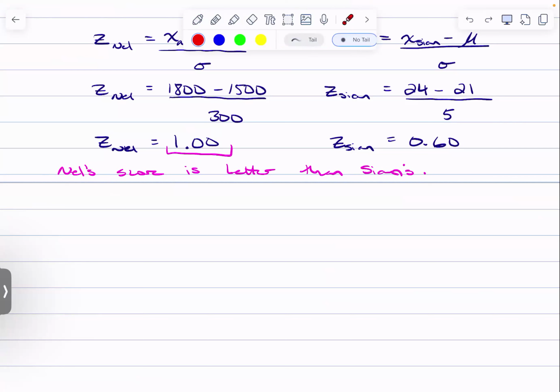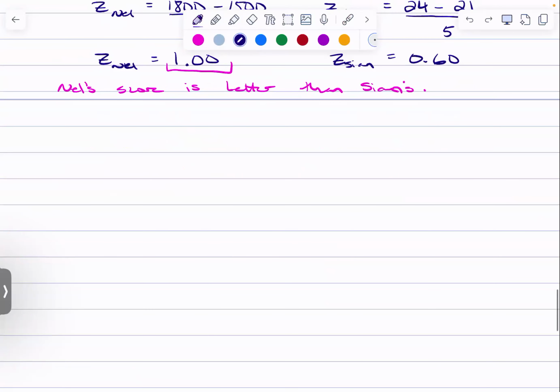And so from a Z-score, we can calculate what proportion of test writers.